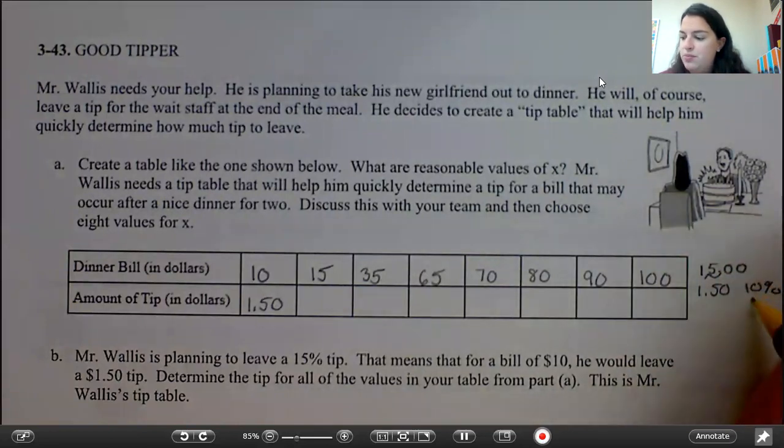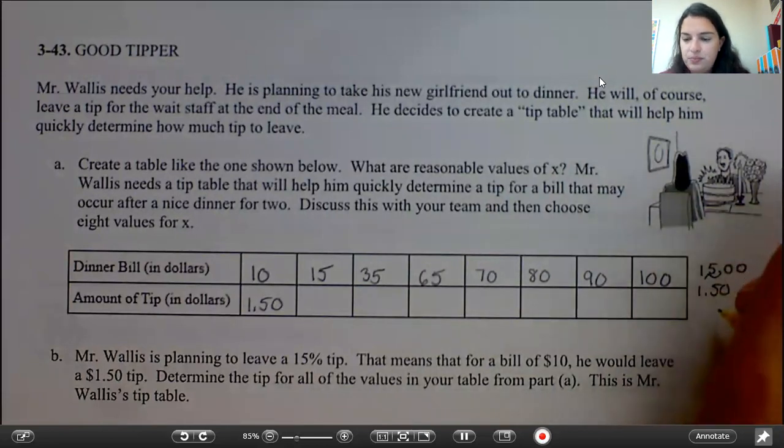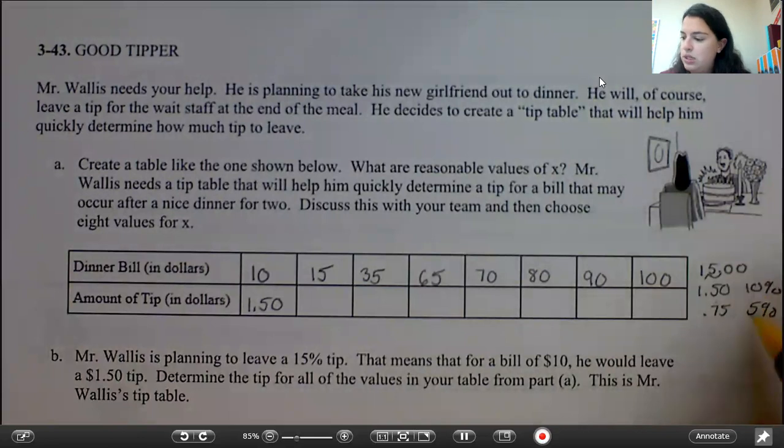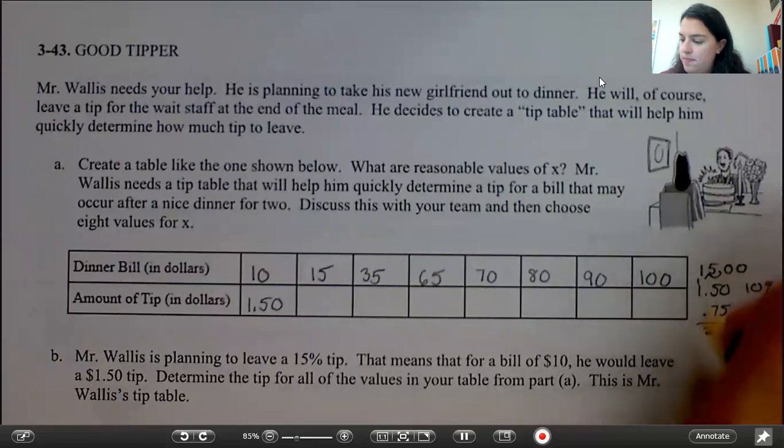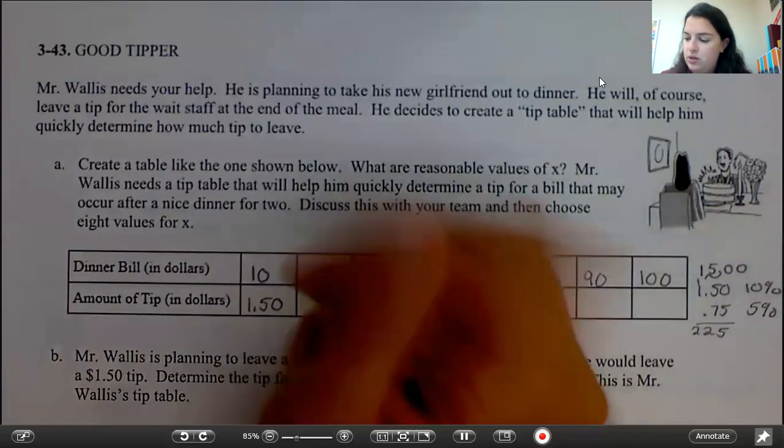But we need 15%. So half of this would be 5%. So half of 1.50 is 75 cents. So now you would add both those numbers up to get your 15%. We would get $2.25 as your tip.